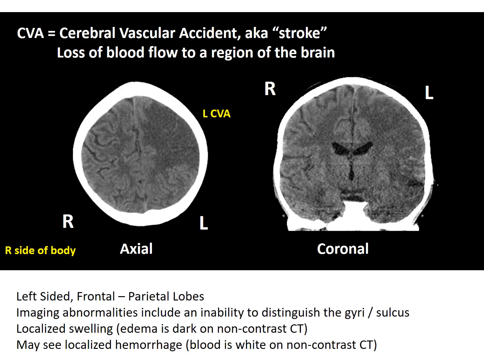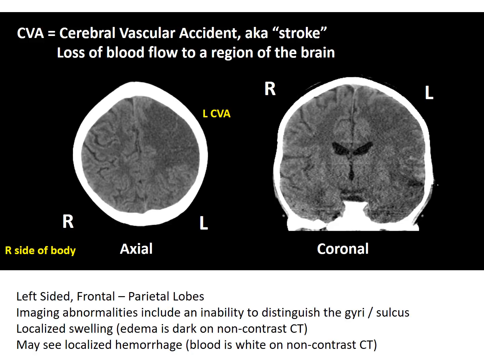CVA, cerebral vascular accident, is a loss of blood flow to a region of the brain. It can happen anywhere in the brain. Here is an example of a left-sided frontal parietal stroke.